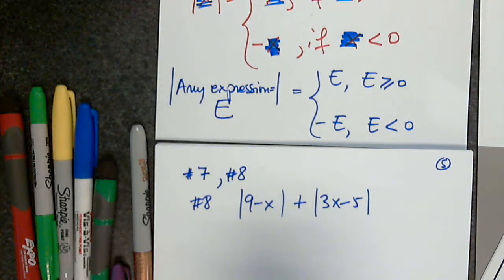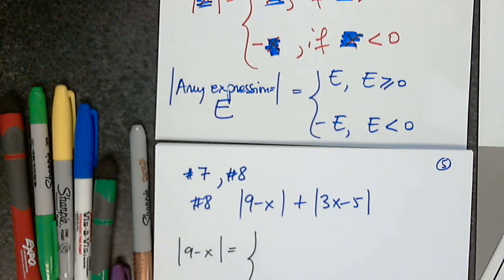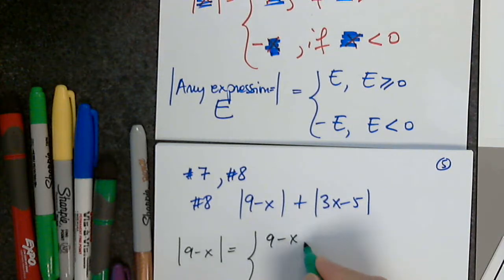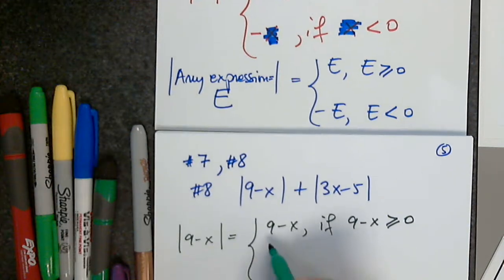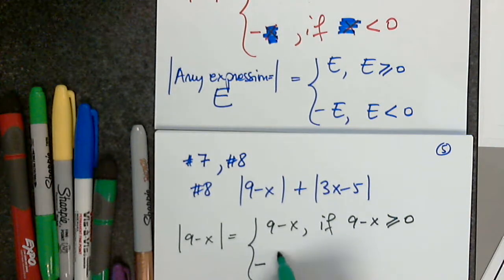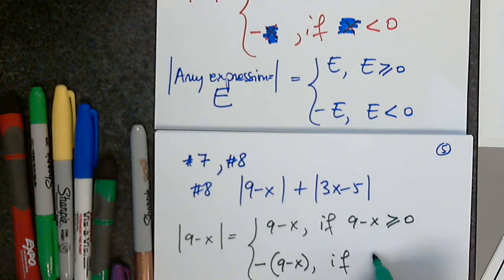So I would like you to dictate. Equal to 9 minus x, careful, 9 minus x, if 9 minus x is greater than or equal to 0. And negative 9 minus x, with parentheses, if 9 minus x is less than 0.